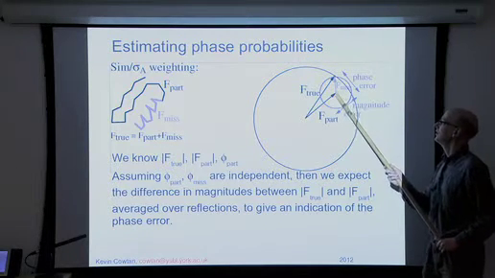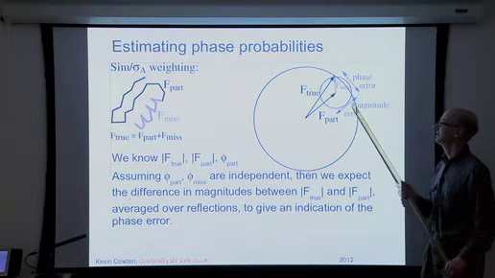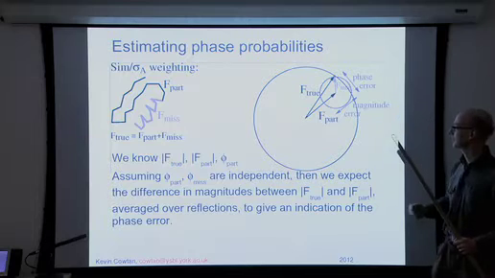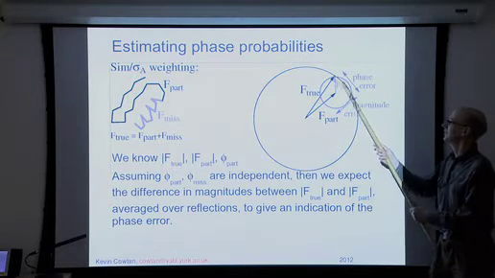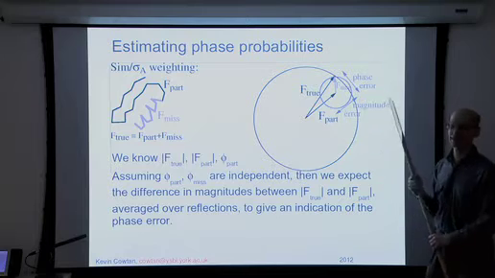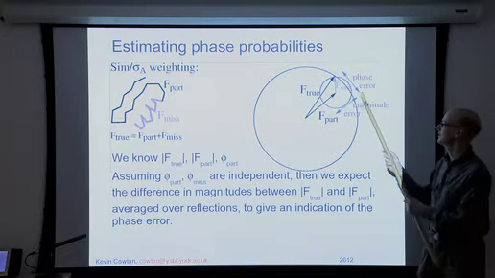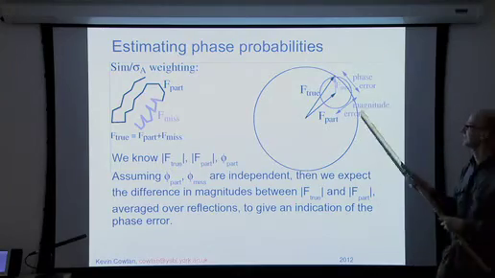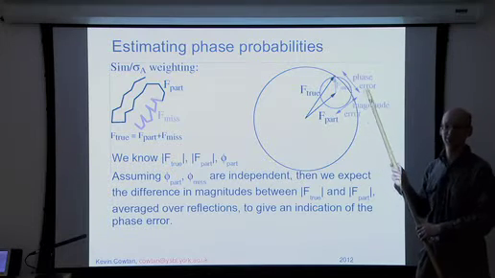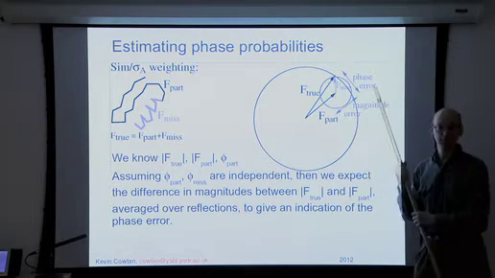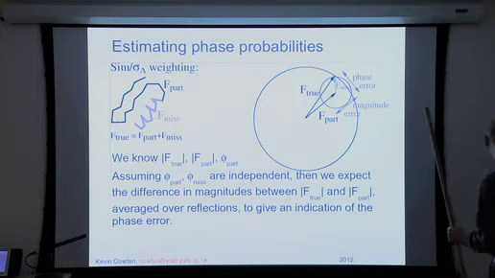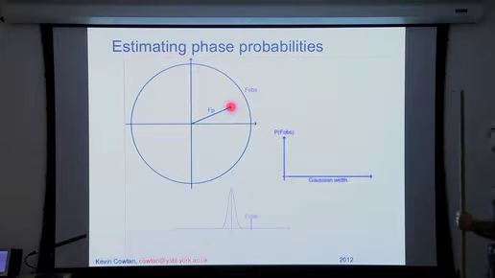Now, if the error term here has a phase which is independent of the phase of our current map, then we'd expect the phase errors and the magnitude errors to be equal in size, because this could be distributed randomly around a circle when we average over a lot of structure factors. So if we average over a lot of structure factors, the discrepancy in the magnitudes here is an indication of the average discrepancy in phase over a lot of structure factors. So that's how we estimate the uncertainty in our structure factors.